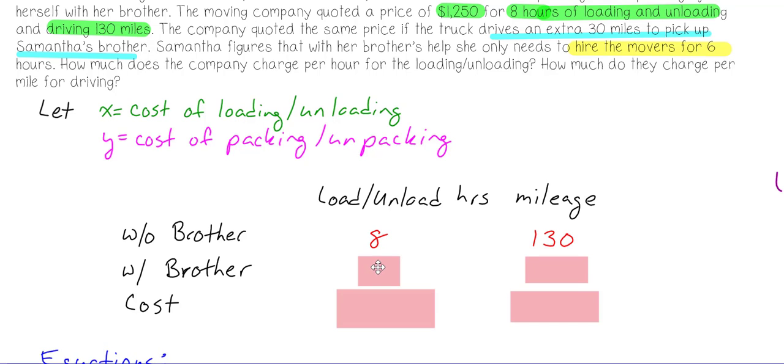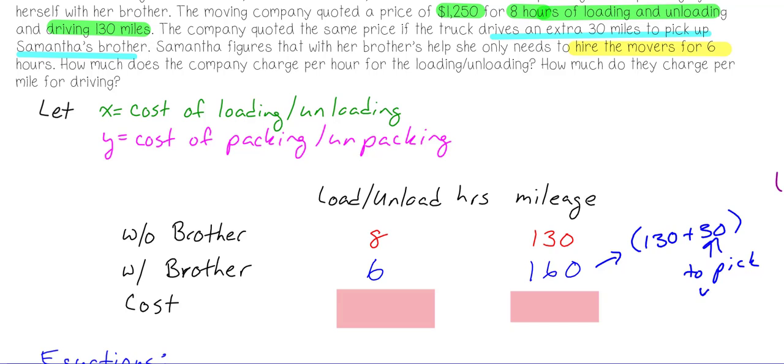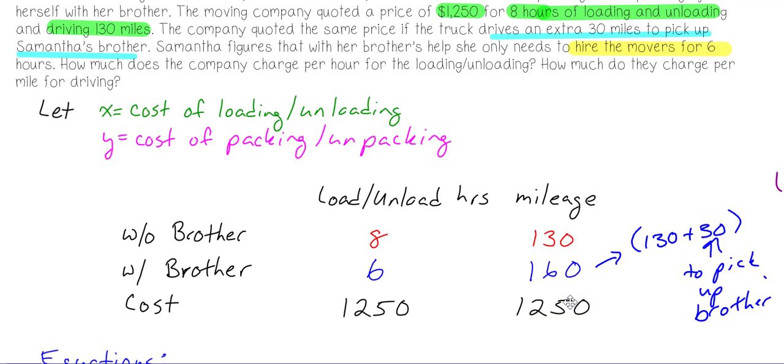With the brother, it's only 6 hours, and because we have to add in the extra 30 to pick up the brother, it becomes 160, because they said 130 plus the 30, and that is to pick up the brother. Okay, so the cost would be $1,250 either way. So that would remain the same for both of them.